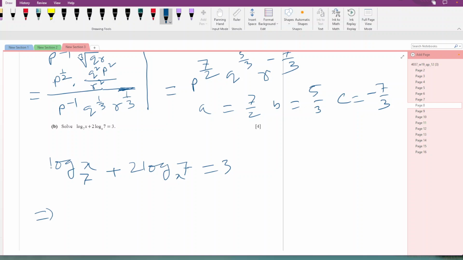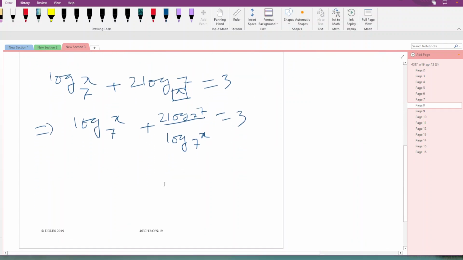Now log x to the base 7 plus, since this is base x, from x to 7 gives 2 log 7 to the base 7 by log x to the base 7 equals to 3.